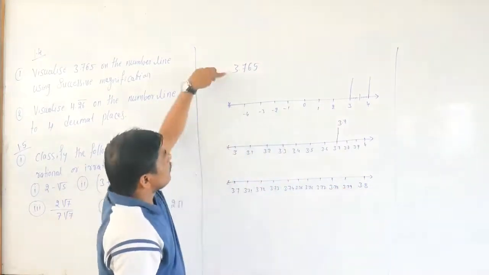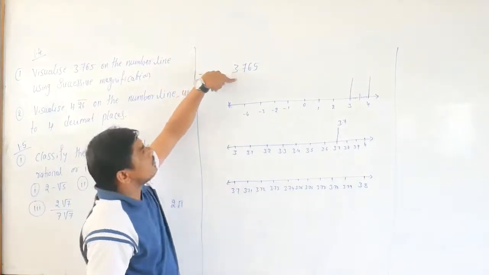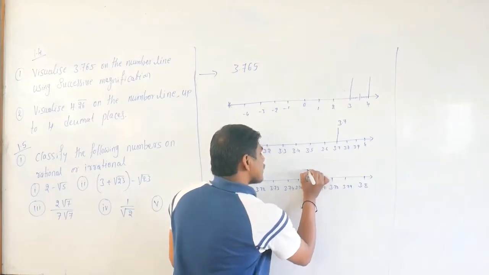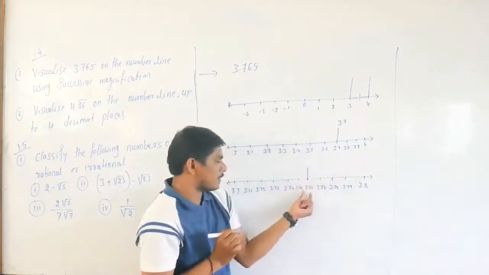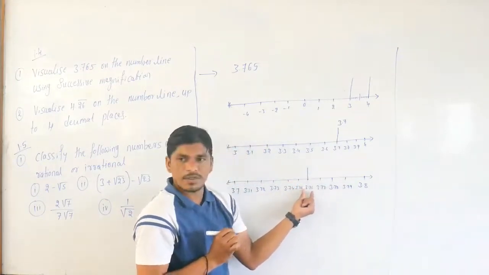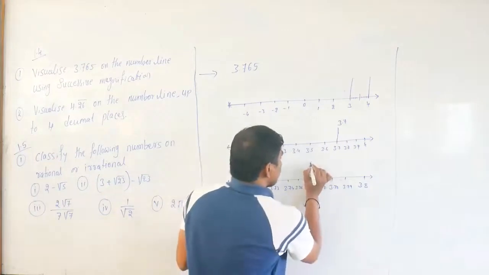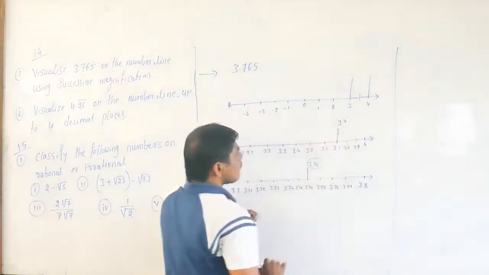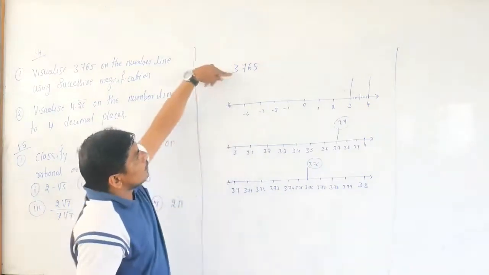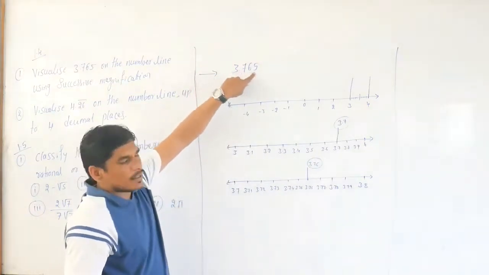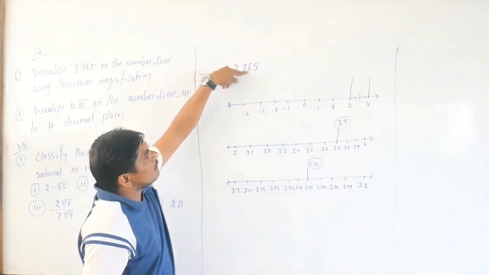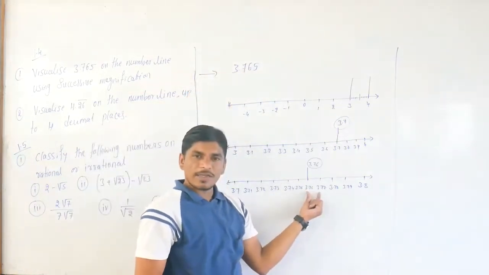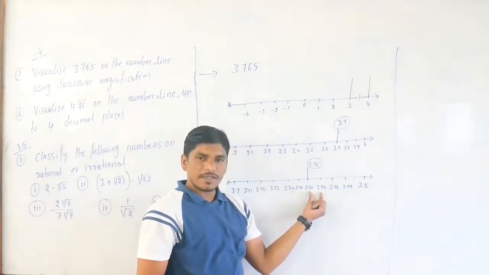Now according to the given decimal expansion, 3.76 is here. You identify this point as 3.76. But there is one more digit: 3.765. 3.765 is in between 3.76 and 3.77.